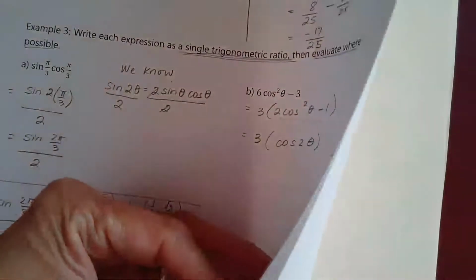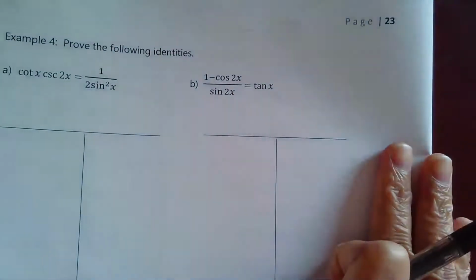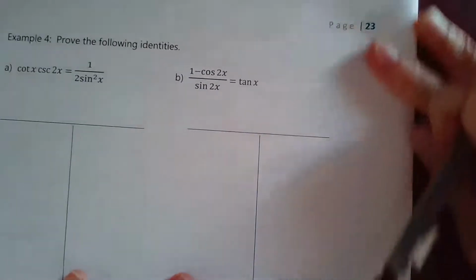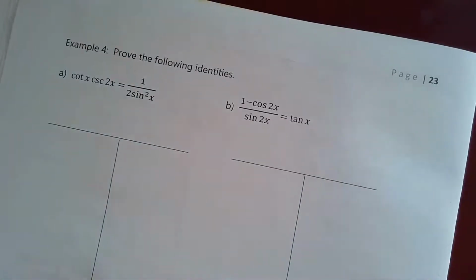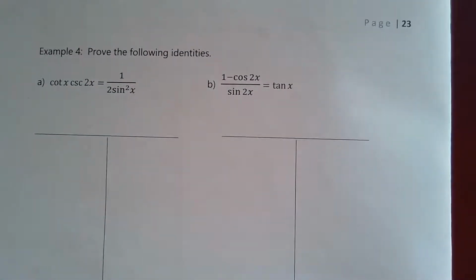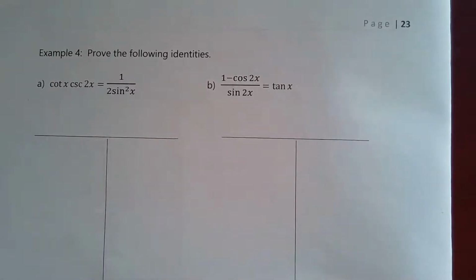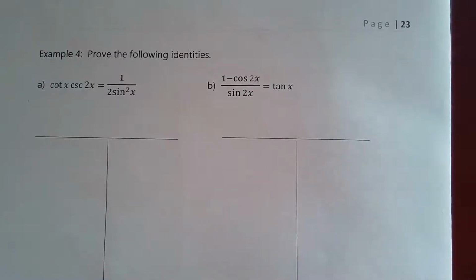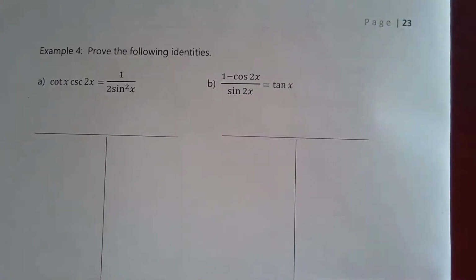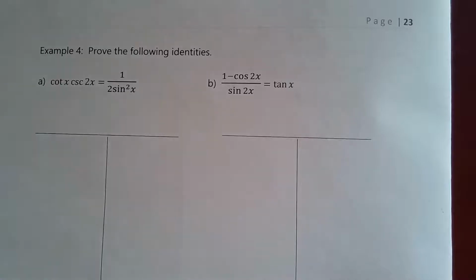Now we're going to get into example 4, which is proving. So we're going to talk about proving. It's on page 23. Proving that this is true. Okay. So I said that to do this, we have to look at the more complicated side and then simplify that one instead of the other one.